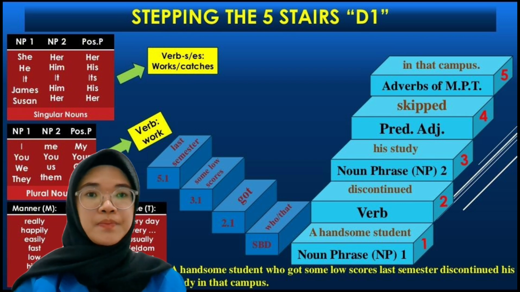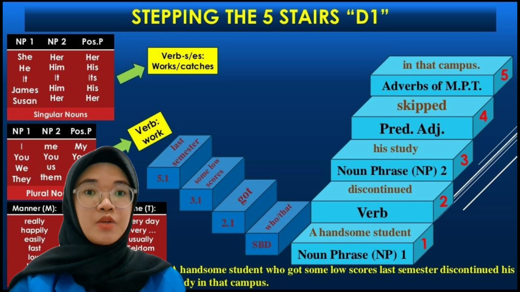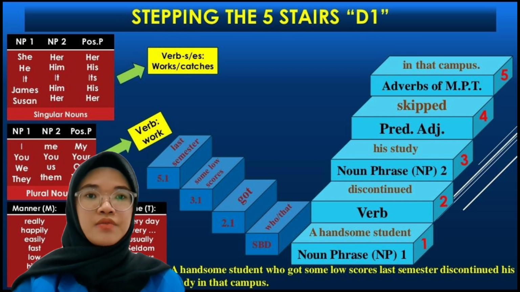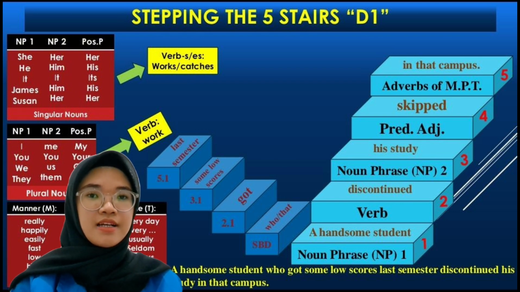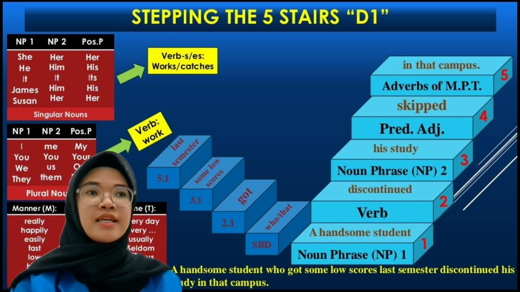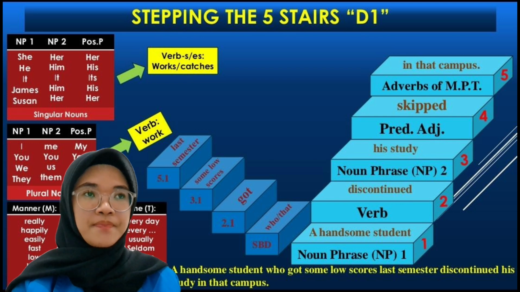We can skip that because in the stepping the 5 stairs, especially D1, kita bisa tidak menambahkan kata predicate and adjective karena pada tangga stairs D1, khususnya di D1 itu tidak harus meletakkan kata predicate and adjective.